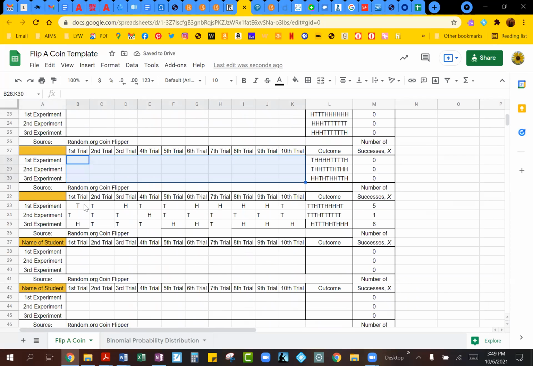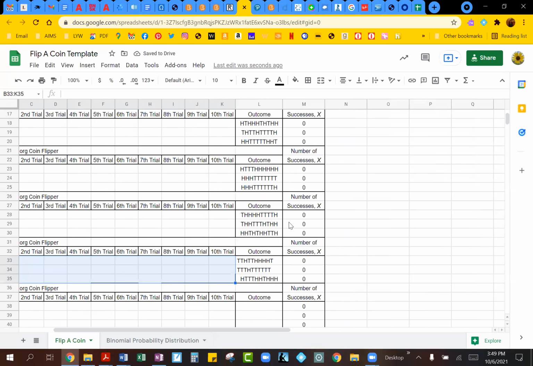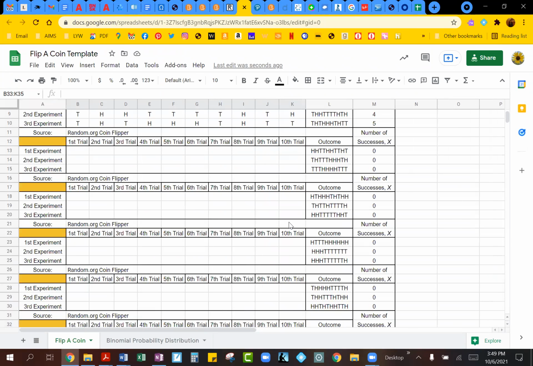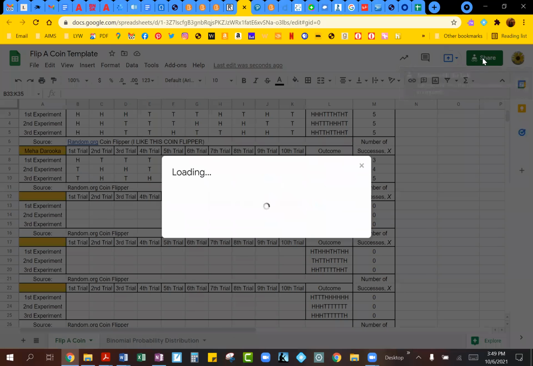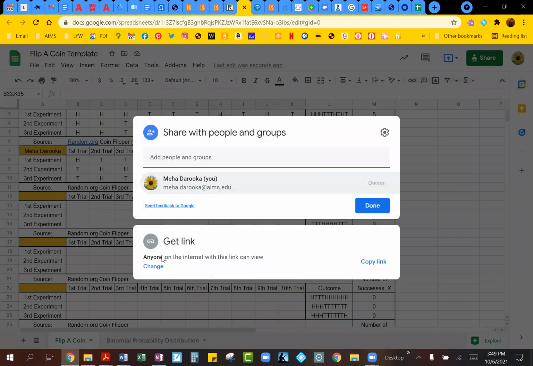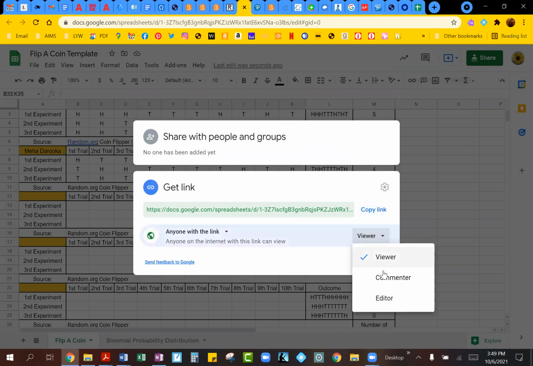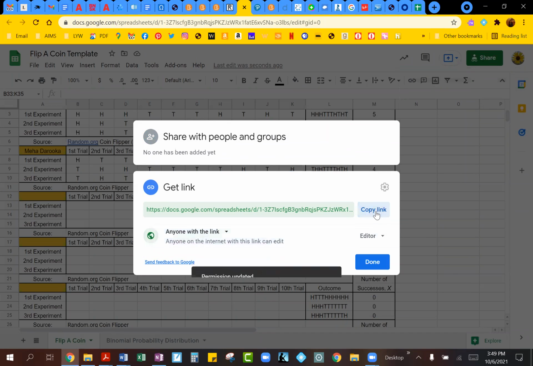You will need to make a copy of this worksheet when you are working on your own, but for now I will have you work on this same sheet that we are looking at right now. Let's change that to edit.